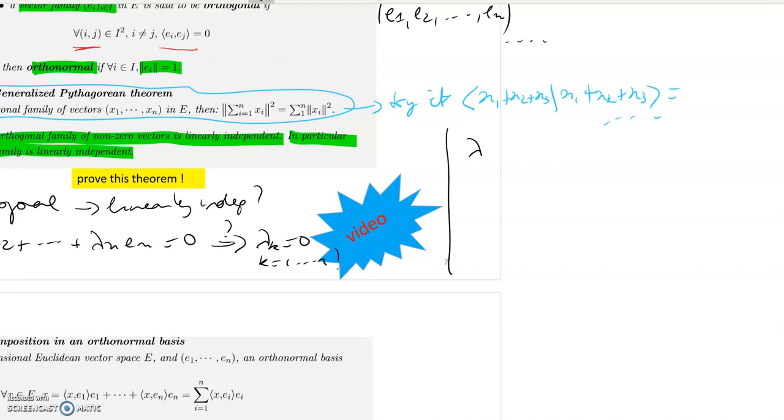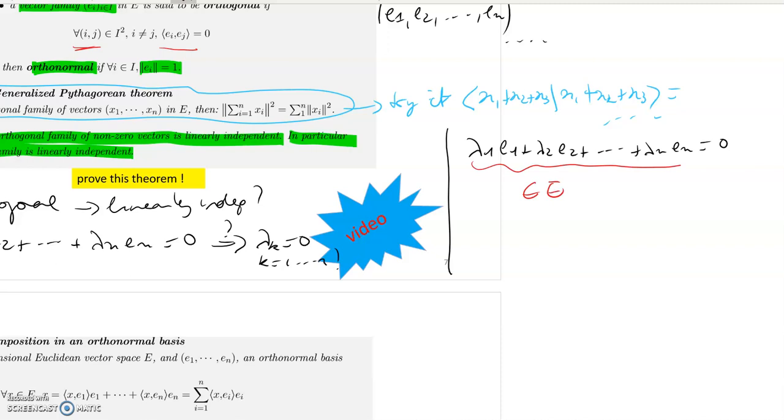So we start from this relation, lambda 1 e1 plus lambda 2 e2 plus lambda n en is equal to 0, and let's take e1 for instance. That is a combination of vectors in E, right?